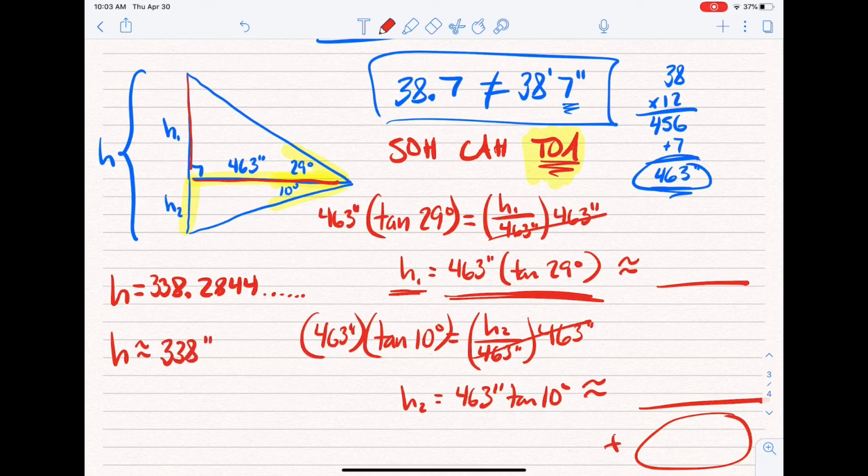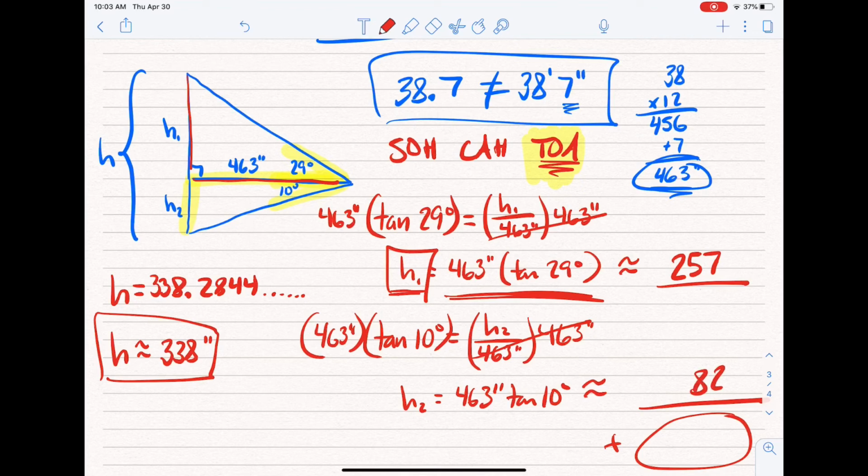Now, at this point, it's a really good idea to go back and double check that this number makes sense, to make sure I didn't make a mistake on the calculator. So I'm going to go back and ask, what is 463 times the tangent of 29? I'm just going to quickly approximate that. It's about 257. And what is 463 times the tangent of 10? It's about 82.